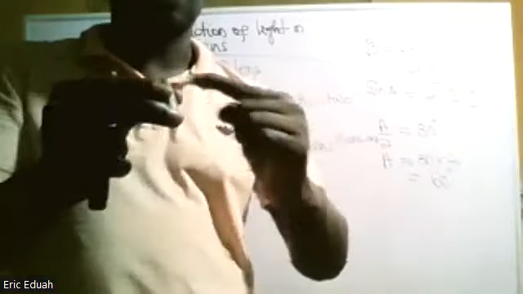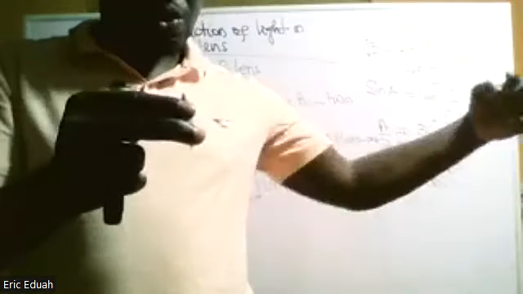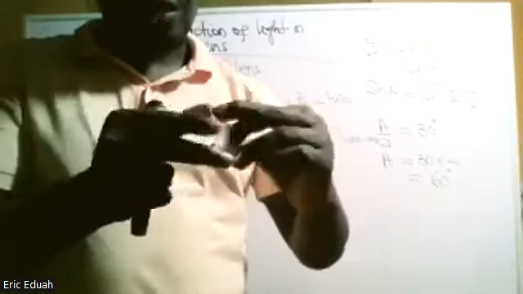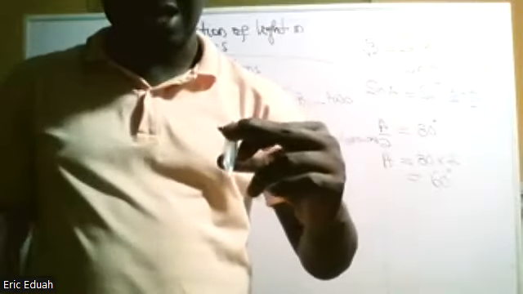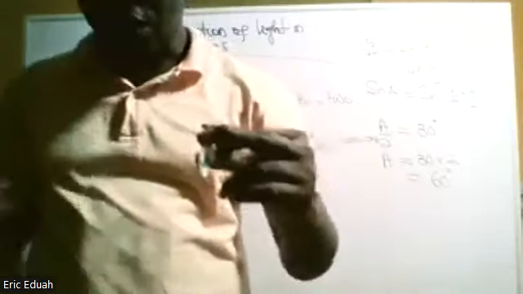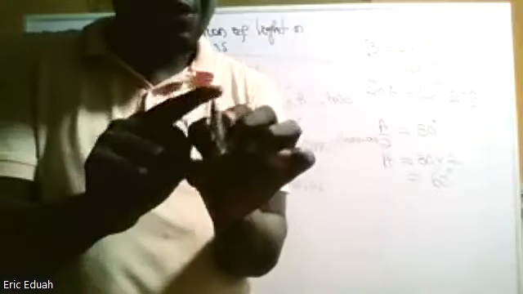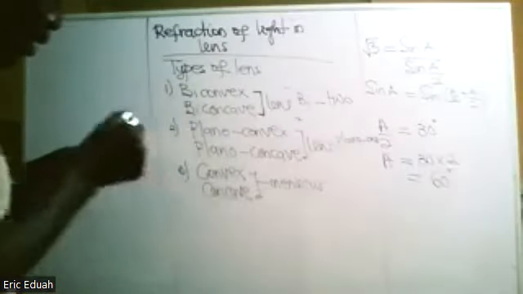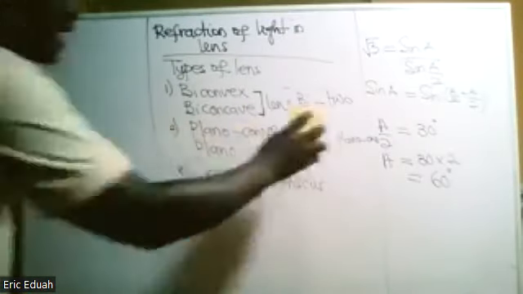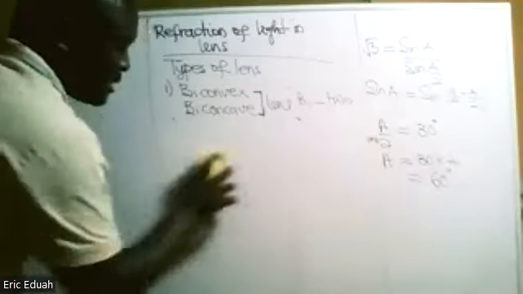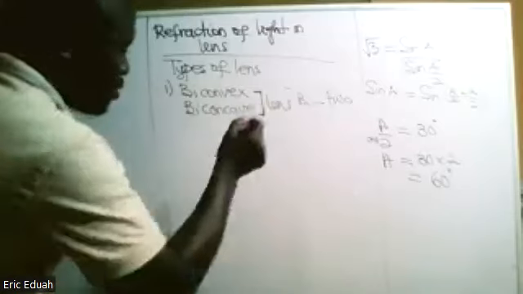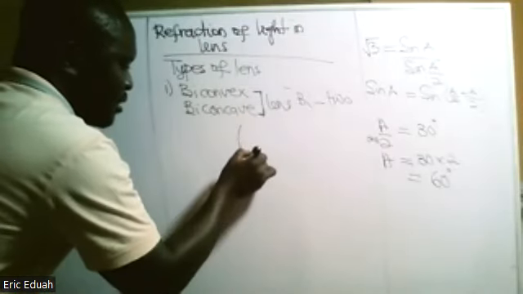Its path will be bent. You can also incident light at the other end, and when it is coming out through this end, it will deviate. So we have two refracting surfaces. So this is what the bi means.